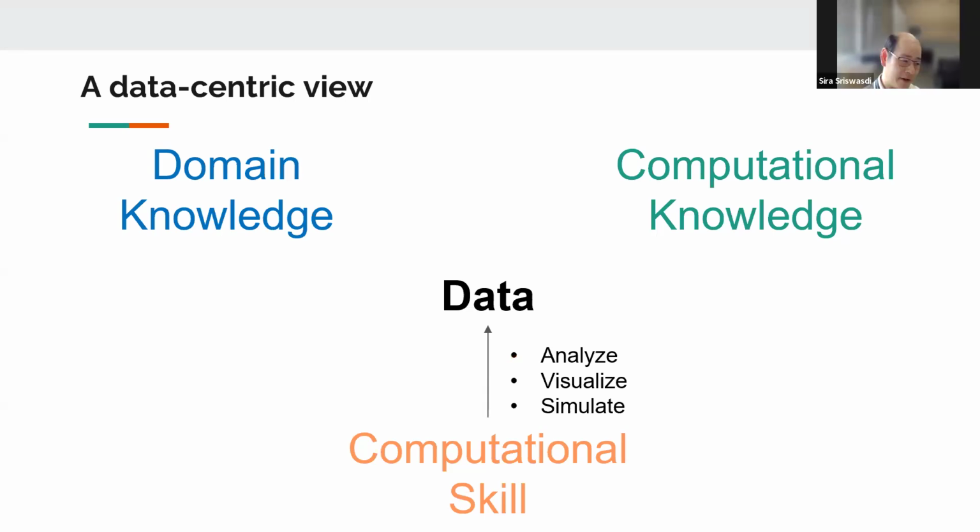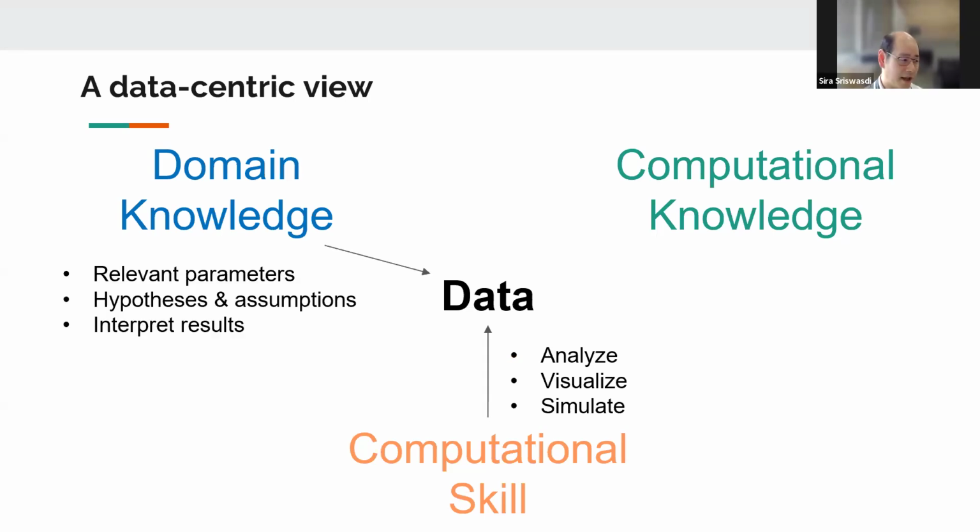You analyze the data, you visualize the data, you might do some simulation based on the data. And then you try to compare the result against your knowledge. Does the result match my understanding of genetics? Does the result match my understanding of biochemistry? Knowledge comes second. So we use the data to discover new patterns, and then we try to verify them with existing knowledge.